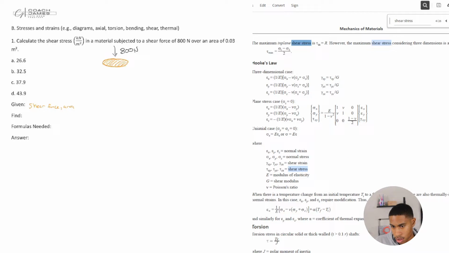Okay, shear stress and polar moment of inertia. We're not given that information, and this is also not a circular solid or shaft.